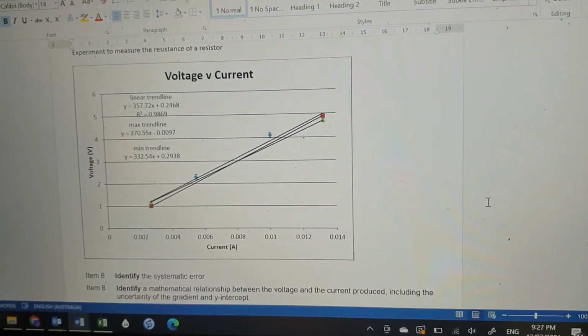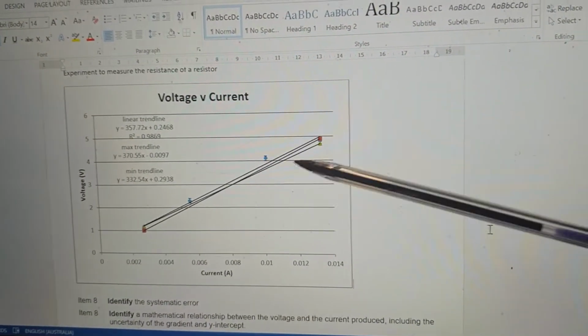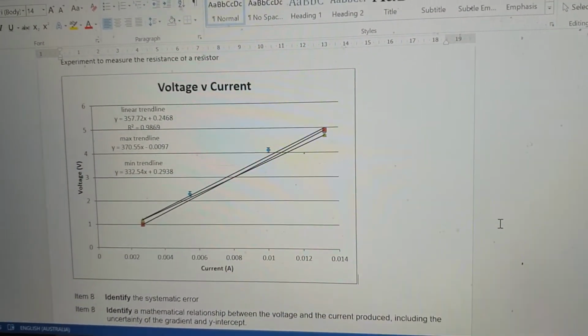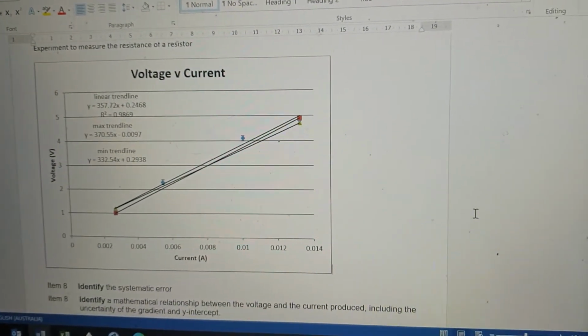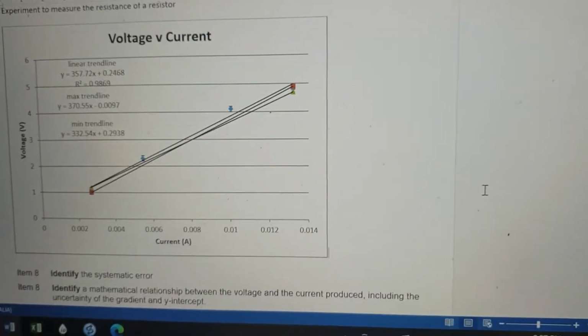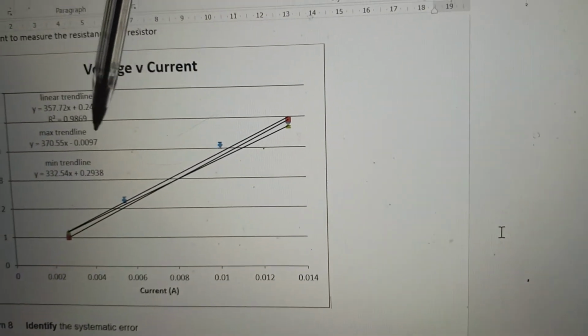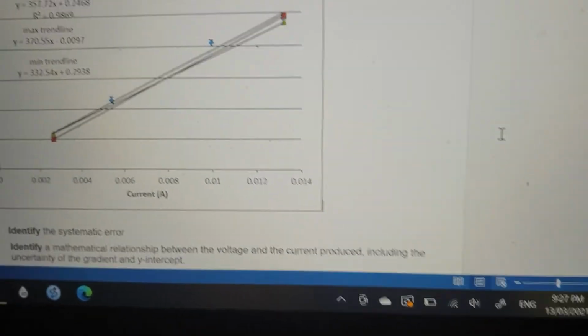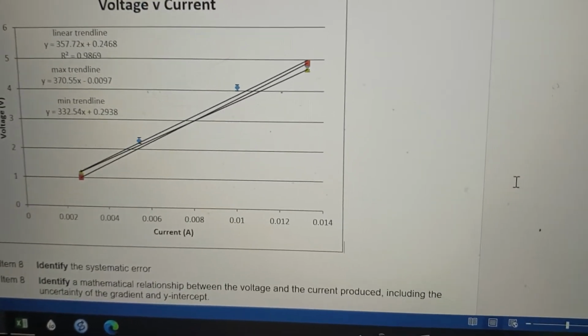So systematic error can be inbuilt, and it shows up when in a relationship the line should go through 0 and it doesn't. So there's a significant systematic error, and it's shown in that y-intercept, which is the c in y = mx + c. So when it says identify the systematic error, you can say it's the y-intercept.